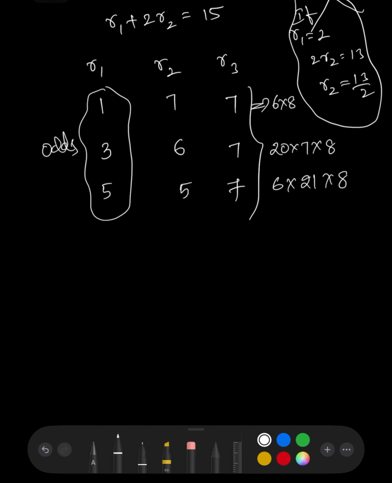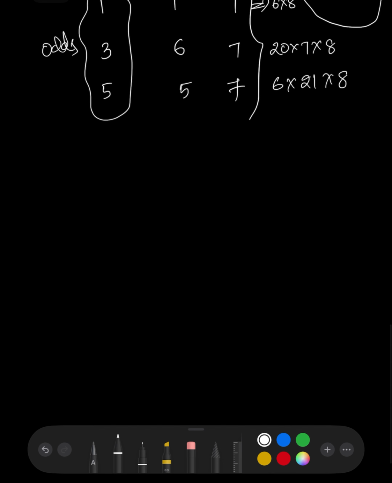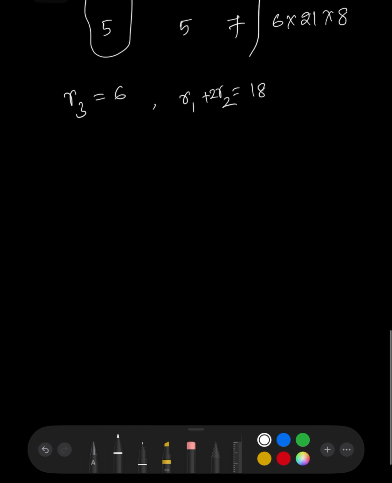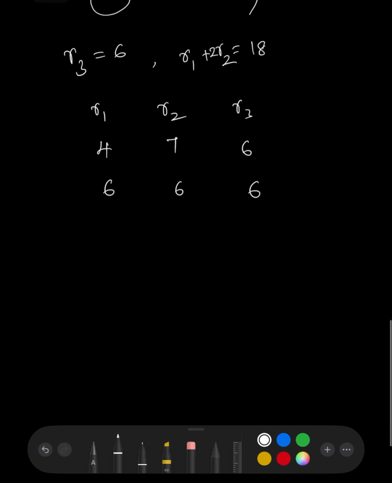Now suppose r3 equal to 6. Then r1 + 2r2 is 18. Here also I need to consider r1 as an even number only, so it is 4, 6.